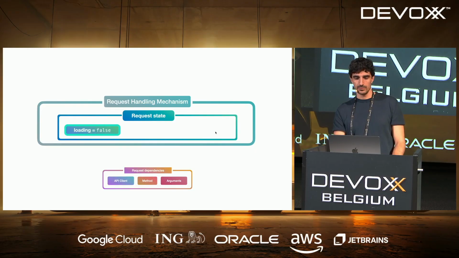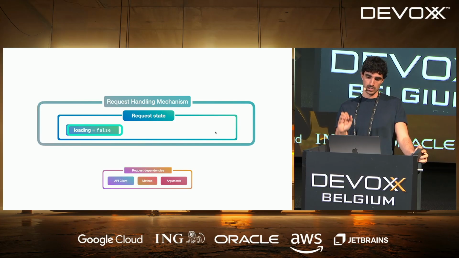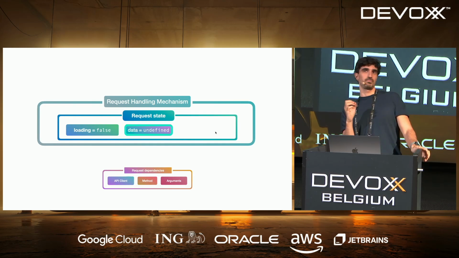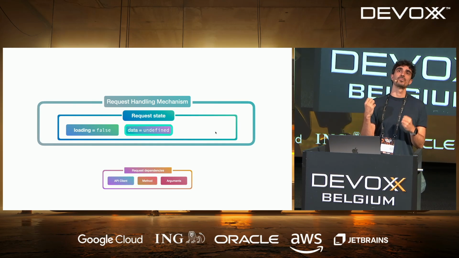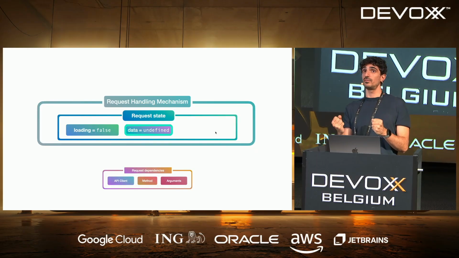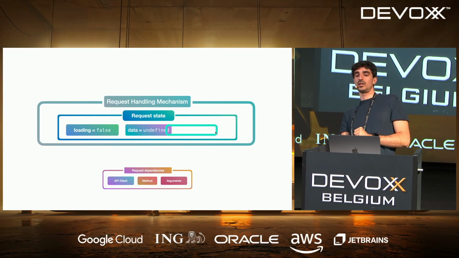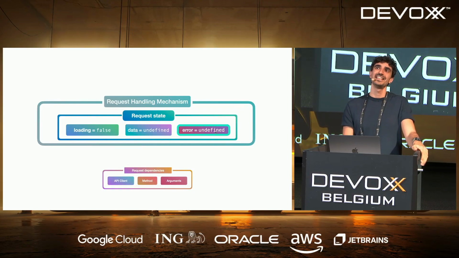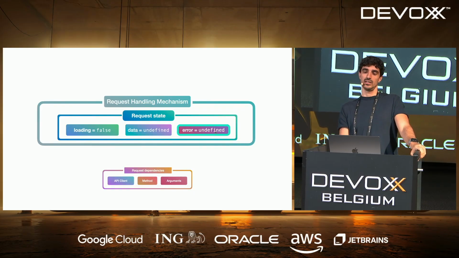So more specifically, loading represents the state of fulfillment of the underlying promise that is created every time that we fire an HTTP request. Data is gonna contain the result of the server only in case the request is successful, and error is gonna contain the Axios error in this case. With all of the specifications, everything that we need to know about what went wrong, right?